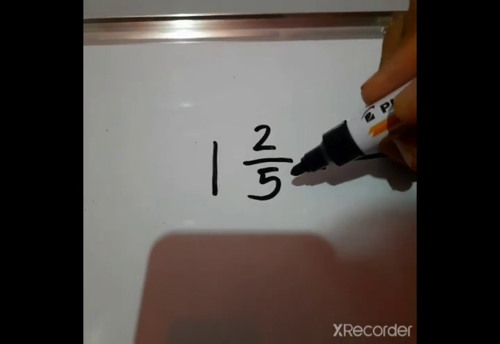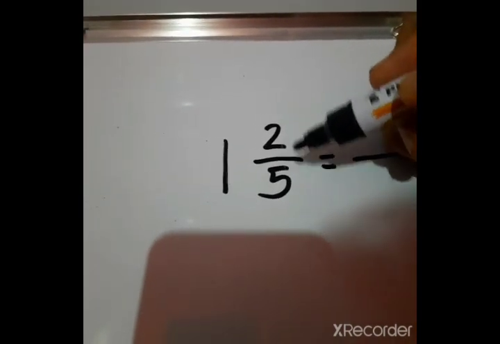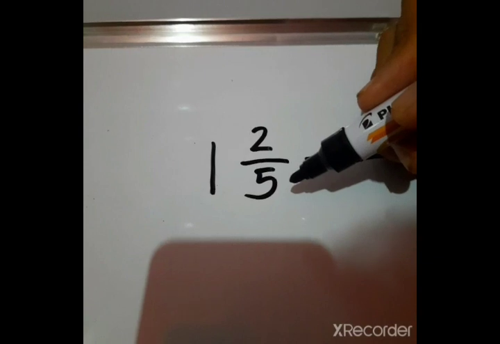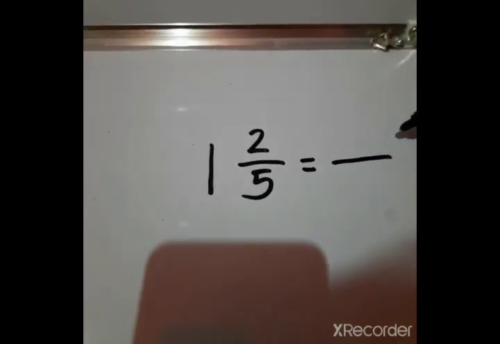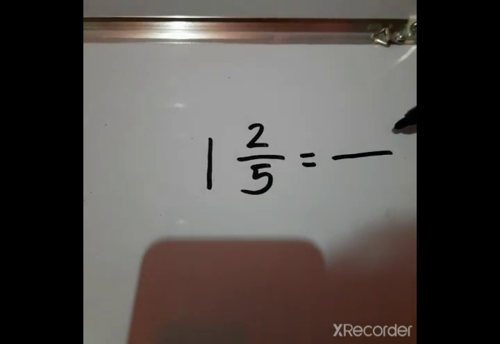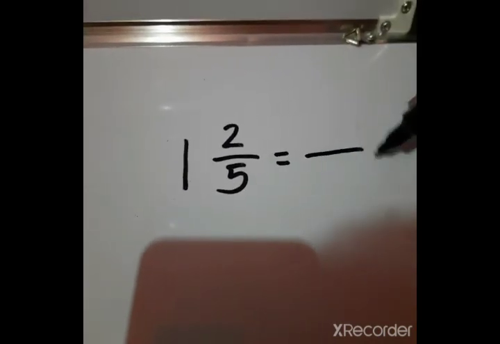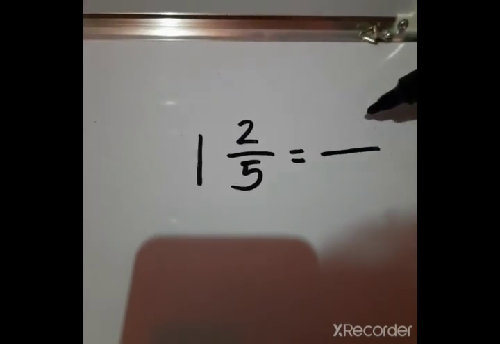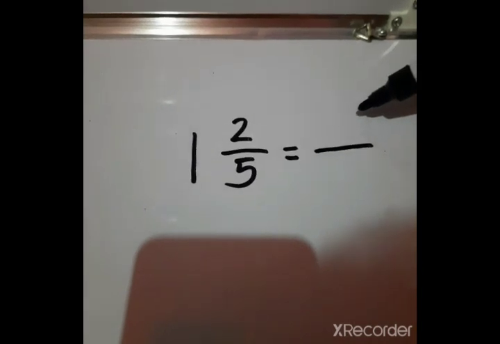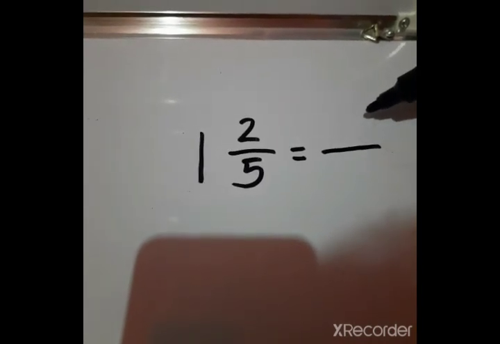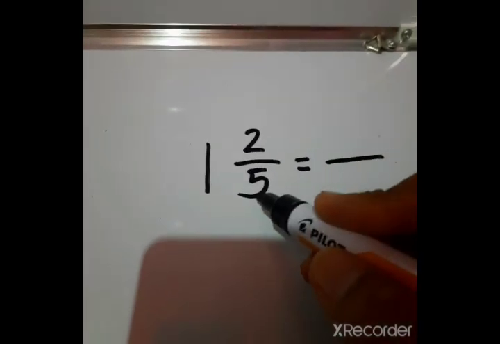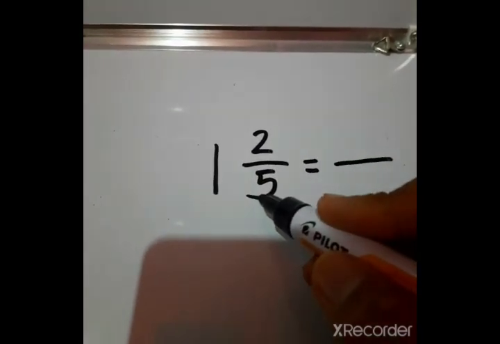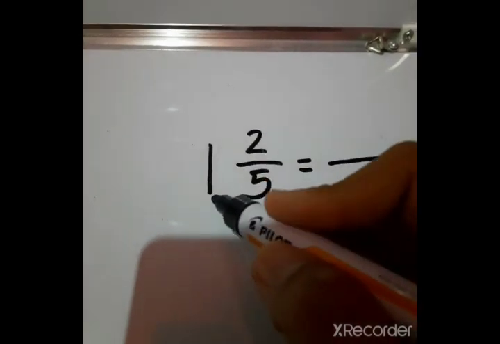In dealing with this kind of problem, change this one first into improper fraction. So, let's find what will be its denominator and what will be its numerator. So we will first find the numerator. How to do that? First, multiply its denominator to its whole number.